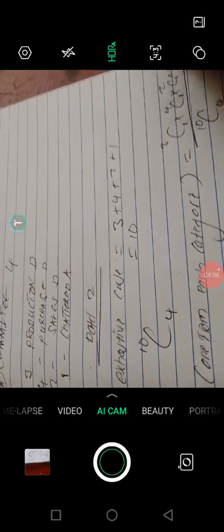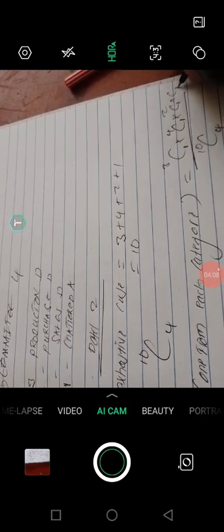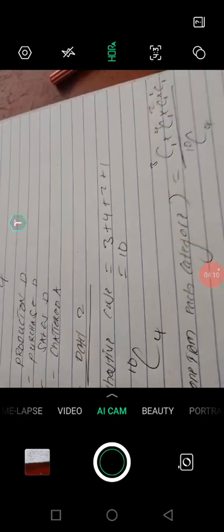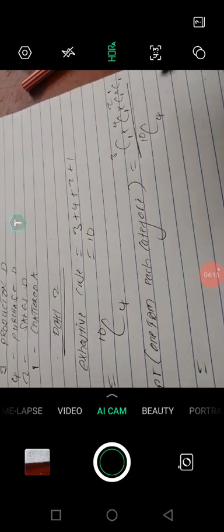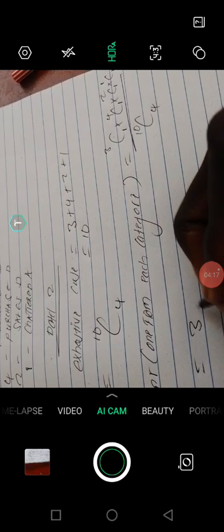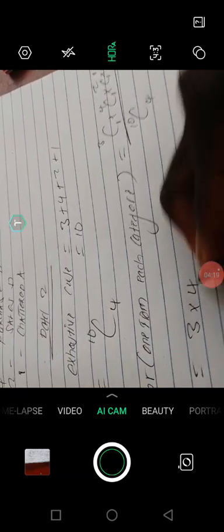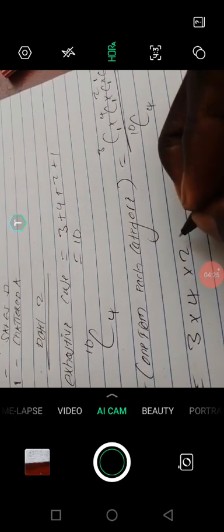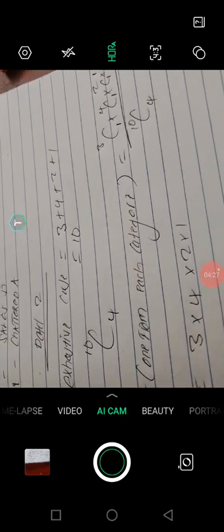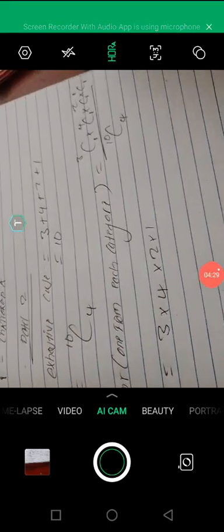And in the chartered department, we get 1. So what is 3 combination 1? It is 3. Times 4 combination 1, which is 4. Times 2 combination 1, which is 2. Times 1 combination 1, which is 1.